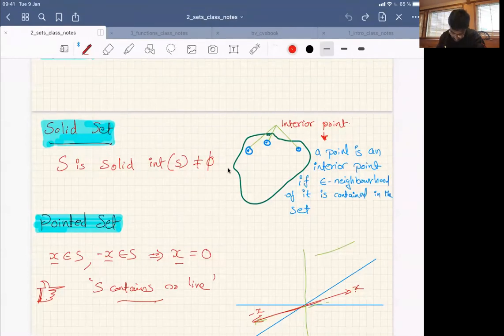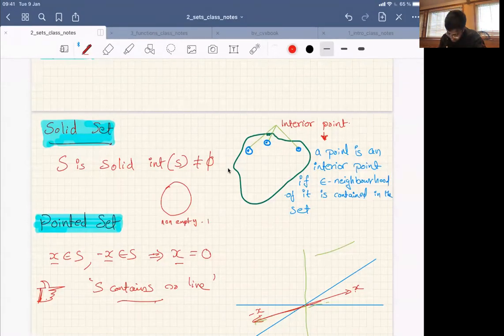For example, if you consider a set like this, a circle, it only has the boundary, right? This set is non-empty, but it has no interior.